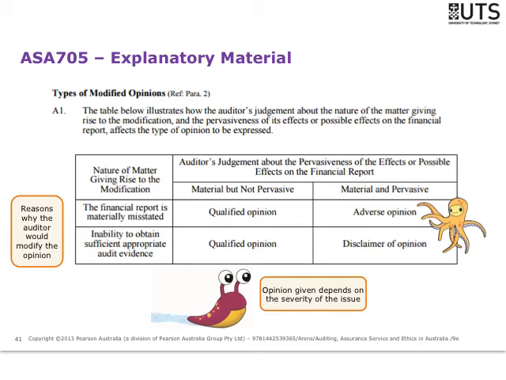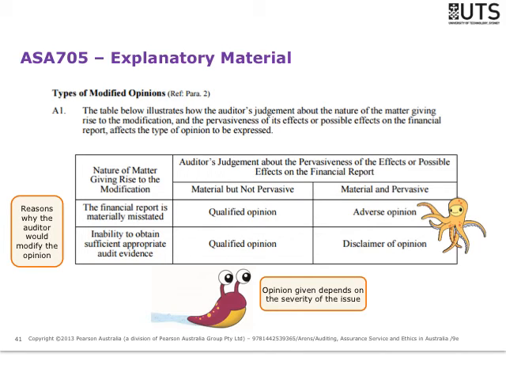Okay, so based on the scenarios, we're going to have different opinions. If it's one isolated issue, we have a qualified opinion. One isolated issue where we have an account being misstated, simply qualified. Or one account where we don't have enough evidence, qualified.